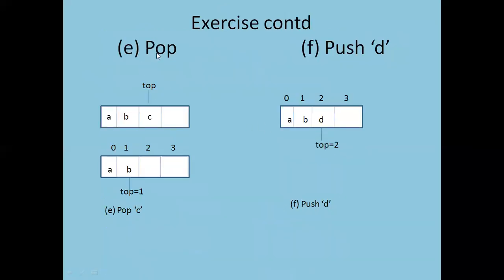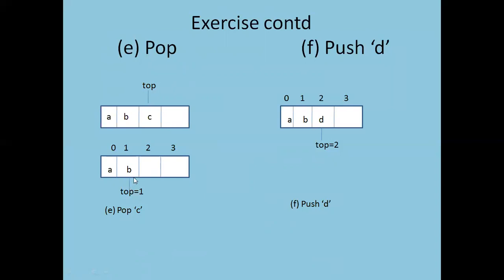Now we are supposed to pop, and currently your top is at 2. If you are popping any item, you are supposed to pop only from the top position. So you will pop C, and the top will now be decremented to 1.